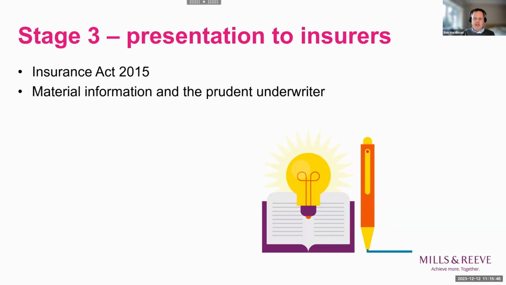Now, that might be to have some form of pre-inception or renewal audit of all staff, or at team leader, senior management type level of incidents that may give rise to claims. It might be speaking to the accounts team, the finance team, or even external accountants about current and future anticipated levels of turnover from the BI aspect.